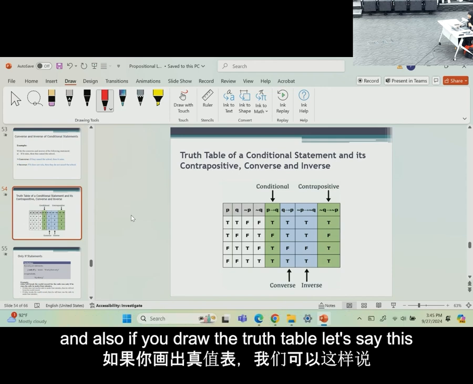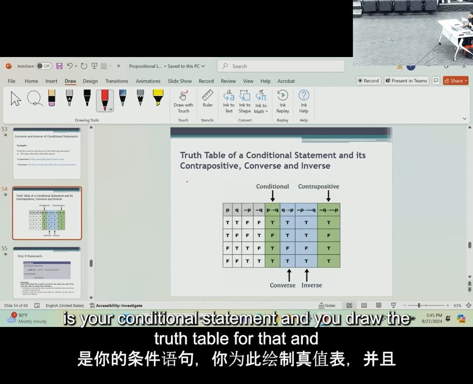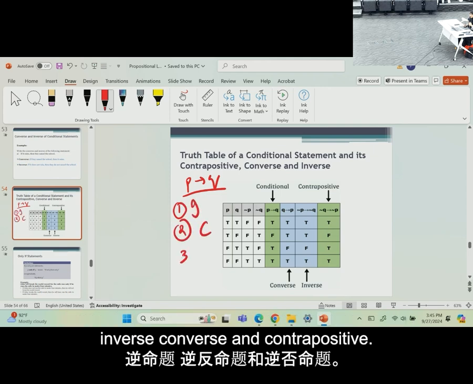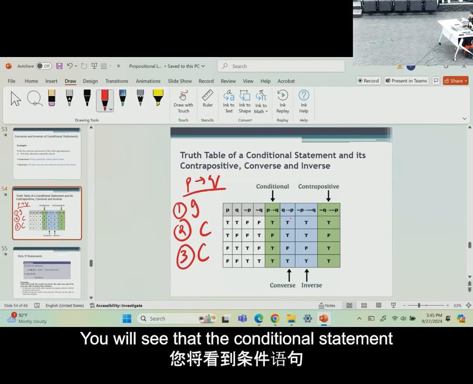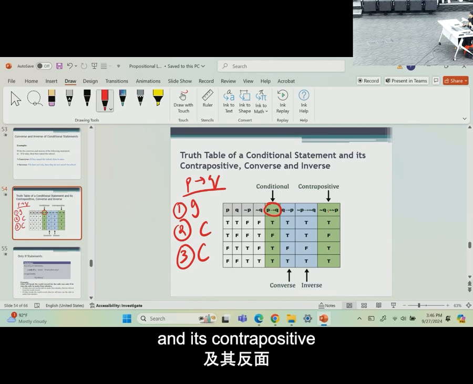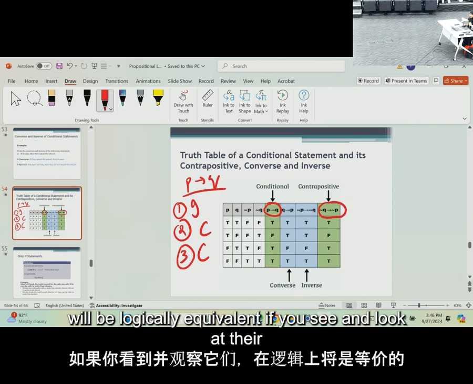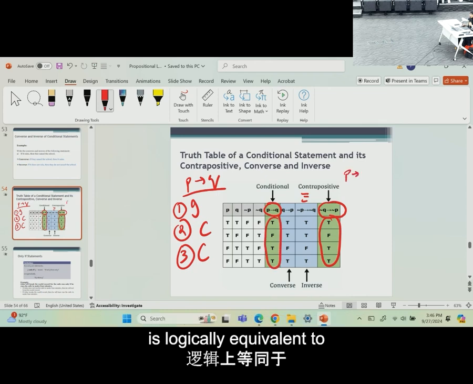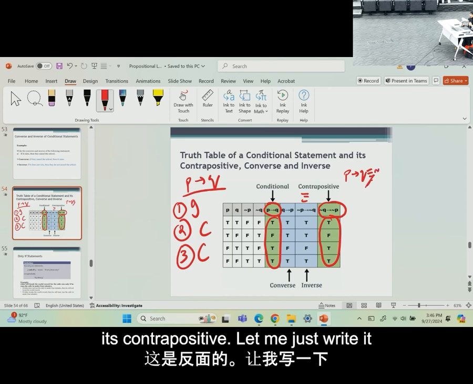If this is your conditional statement and you draw the truth table for that, and then write down the truth values for each variant, inverse, converse, and contrapositive, you will see that the conditional statement and its contrapositive will be logically equivalent. If you look at their truth values, the conditional statement is logically equivalent to its contrapositive.